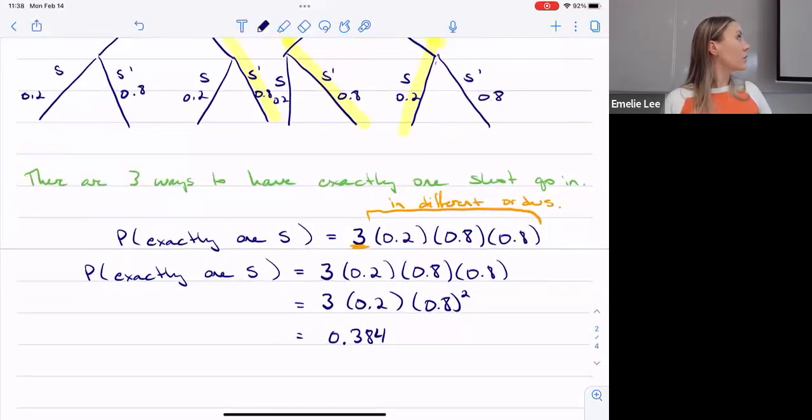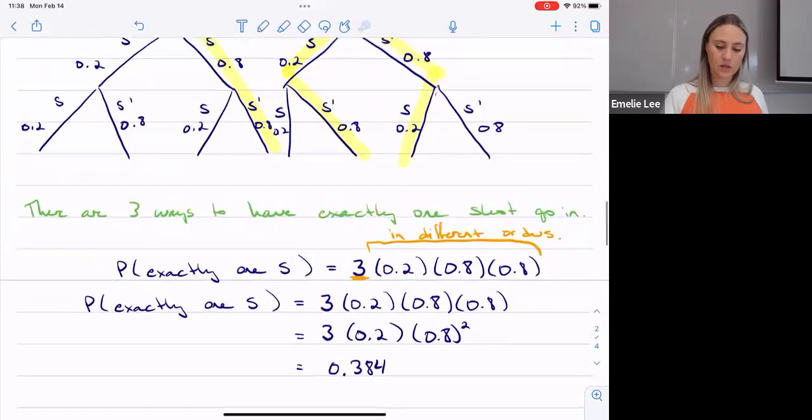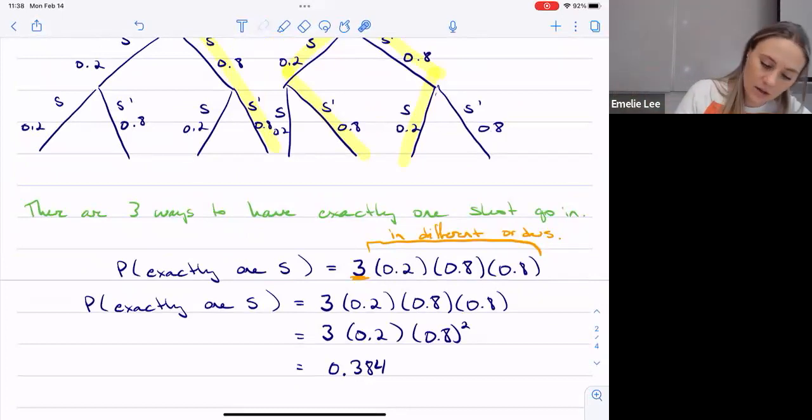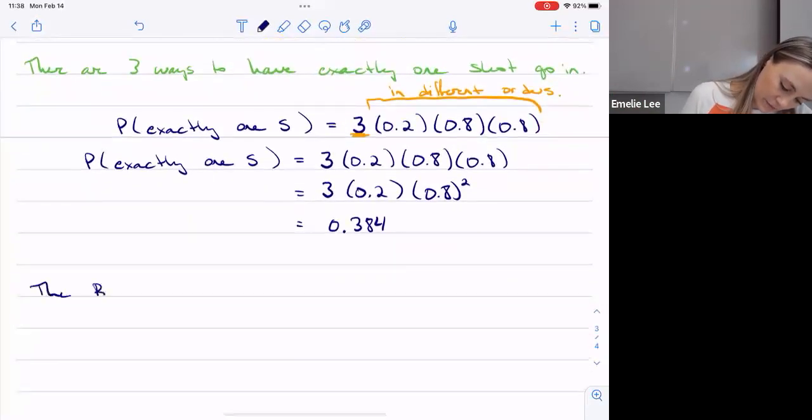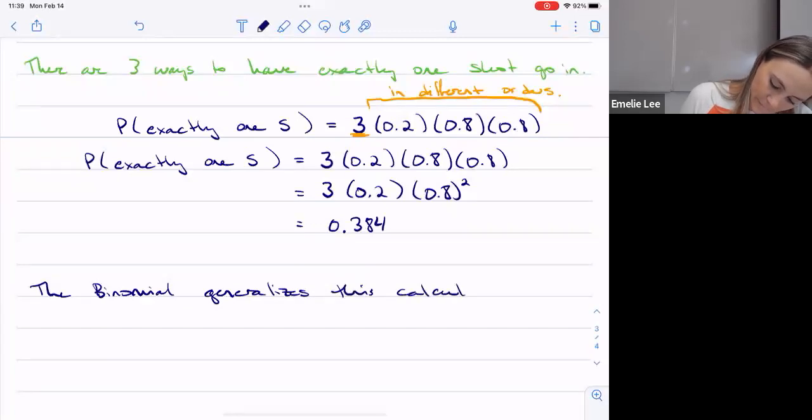So the cool thing about the binomial is that it generalizes this calculation to any number of trials.